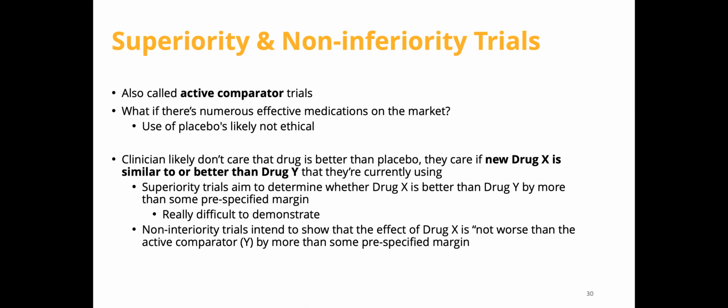That can be very difficult to demonstrate, and it requires a very large sample size. Whereas non-inferiority trials intend to show that drug X is not worse than the active comparator Y by more than some pre-specified margin. That's typically a little bit easier to demonstrate and requires a smaller sample size.